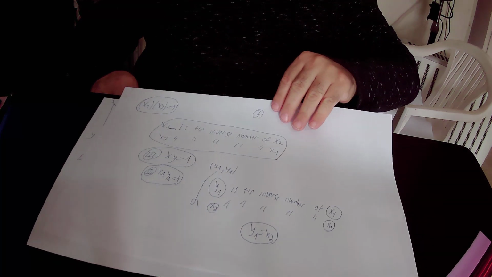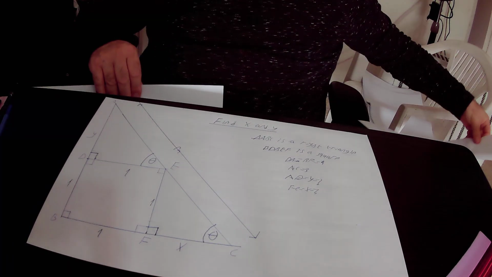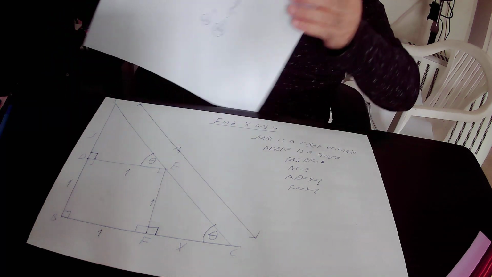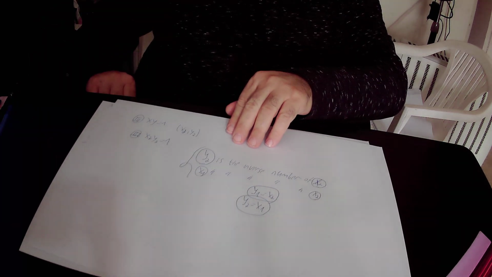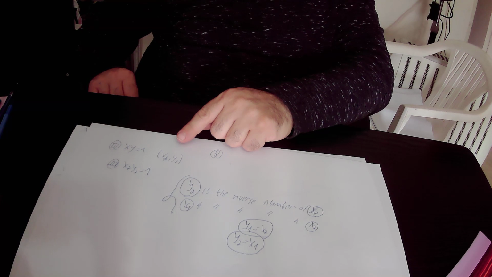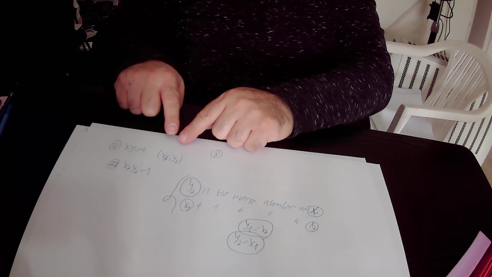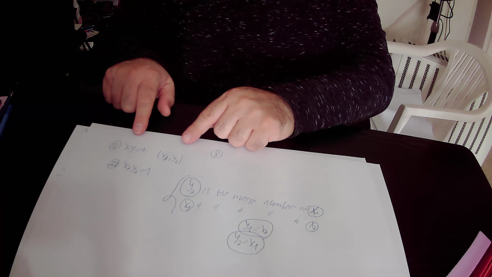Then we repeat the same process for the second solution. The second solution is, for x, x2 and for y, y2. We put the solution inside equation number 3. x equals x2 and y equals y2.